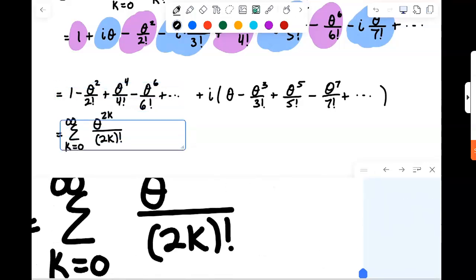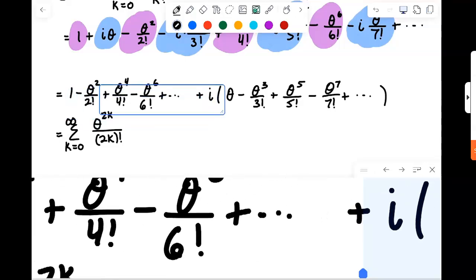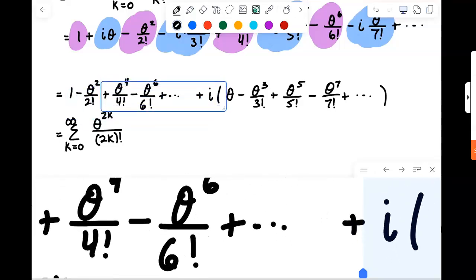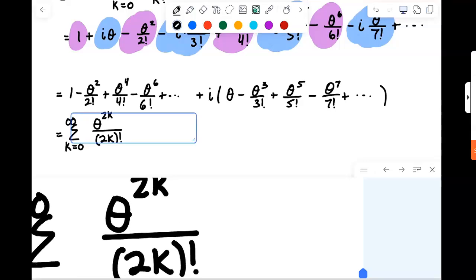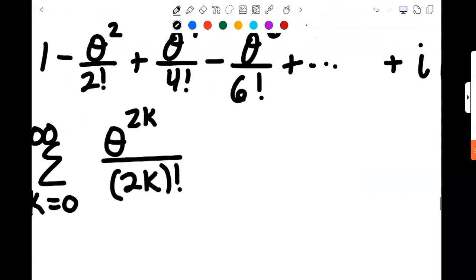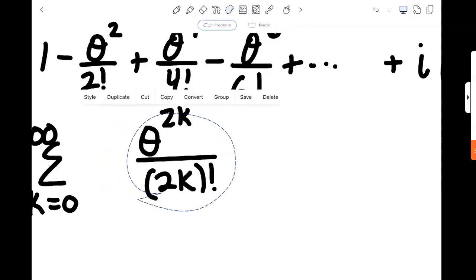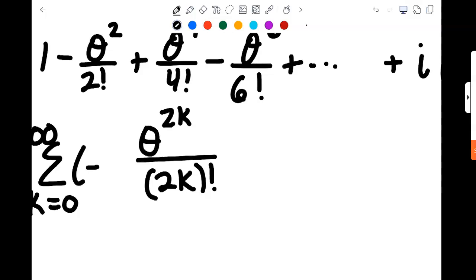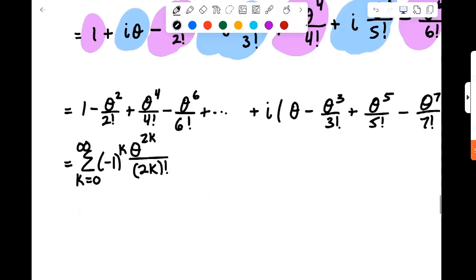So 0 is okay, the next one is not, the next one's positive, that would be k equals 2. So we would put a minus 1 to the k out front, times that stuff.